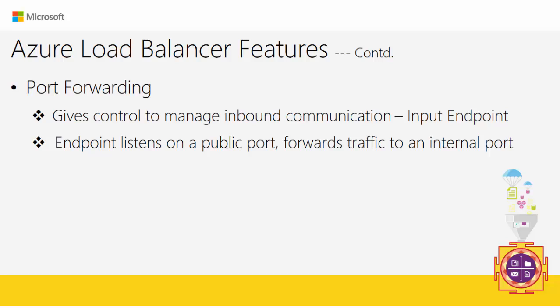So you can always make sure that internally, the web server on which IIS is installed is listening on the private port, port 81, and outside, port 80, the HTTP port, is mapped to this particular endpoint. So creation of a public endpoint triggers the creation of an Azure load balancer instance.